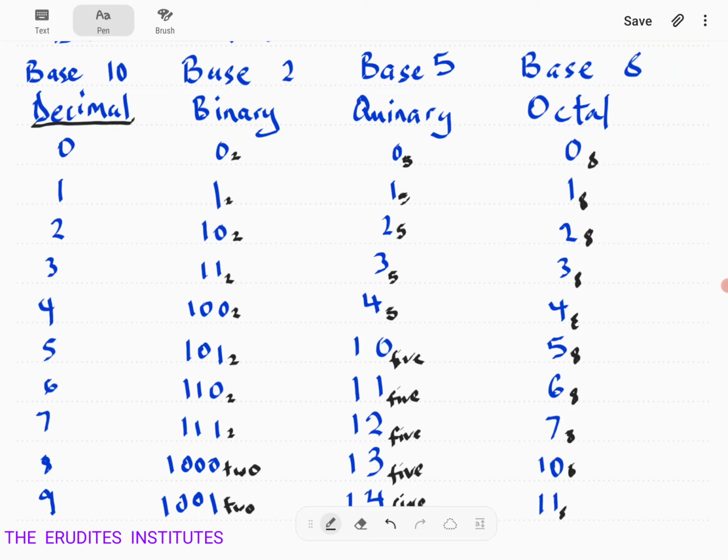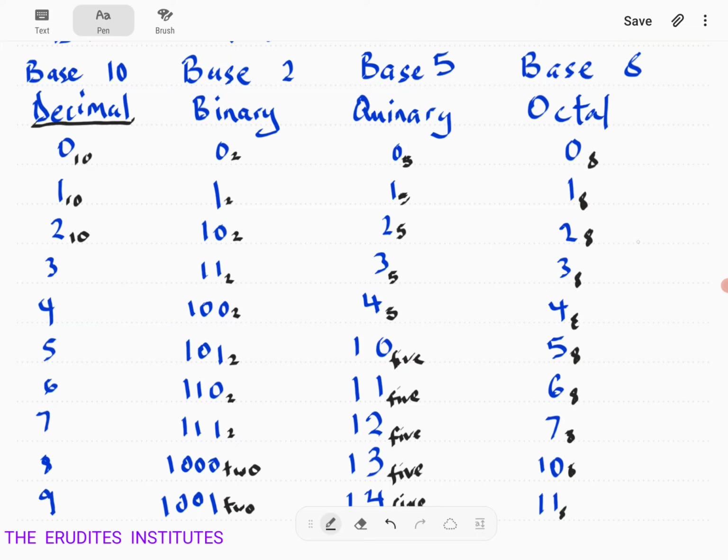But what I want us to keep in mind is that usually for the decimal base, or base 10, we do not write a subscript for the base. So any number you see on its own without any base indication tells us that it is in the decimal base.